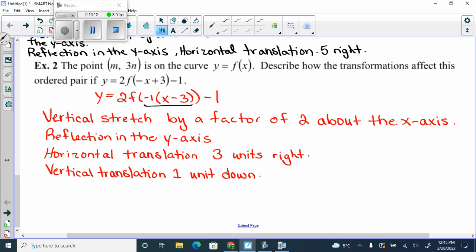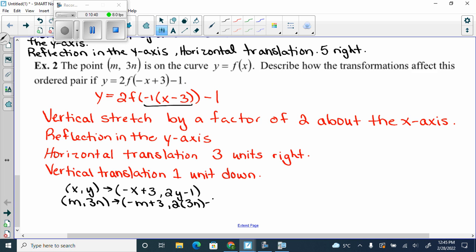Whatever's in here affects our x for mapping. Whatever's on the outside affects our y's. So we're going to get x, y becomes negative x plus 3, and then 2y minus 1. And they want us to move the point m, 3n. So we're going to get negative m plus 3, and then 2 times 3n minus 1. So we get negative m plus 3 and 6n minus 1.